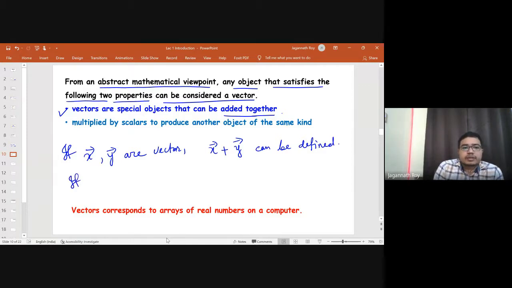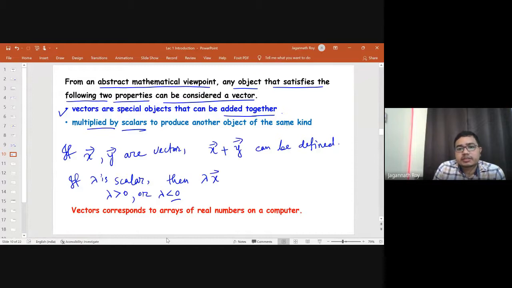Now if lambda is a scalar or a constant value, then the multiplication, the scaling, where lambda is greater than 0 or less than 0, can also be defined. So lambda times x can also be defined.